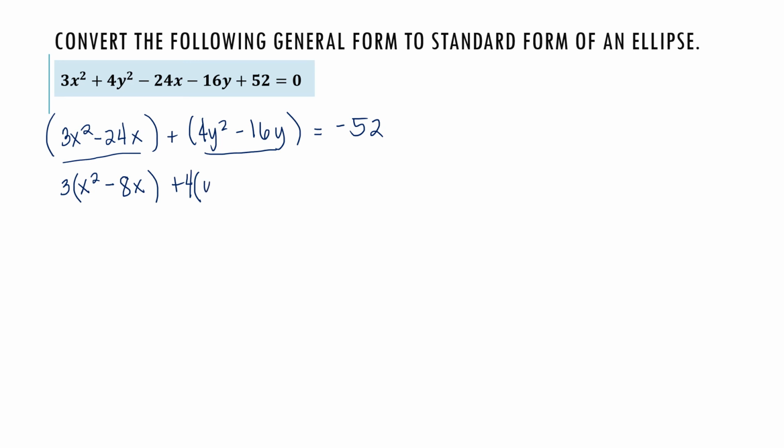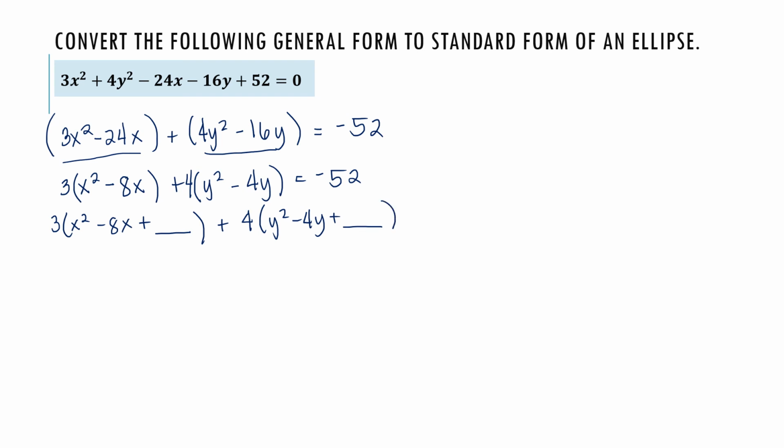So we are left with y squared minus 4y equals negative 52. Next, completing the squares. 3 times x squared minus 8x plus blank. Next, 4 y squared minus 4y plus blank equals negative 52.